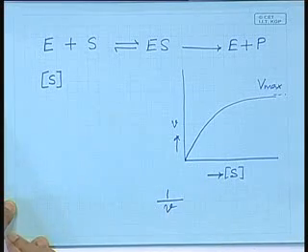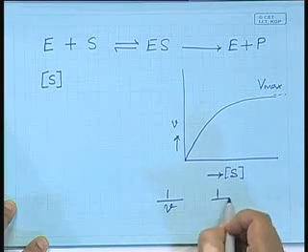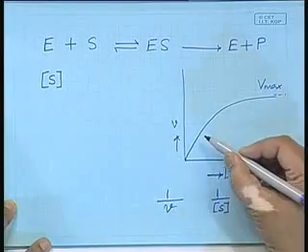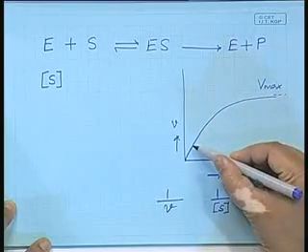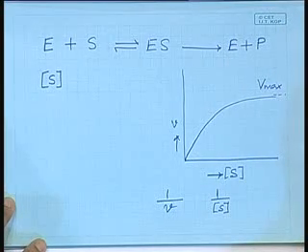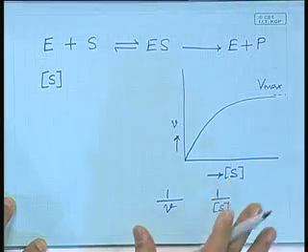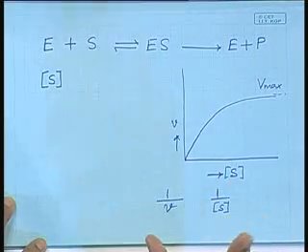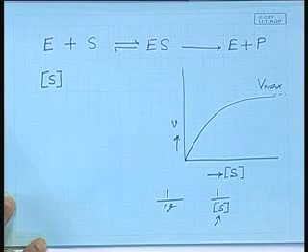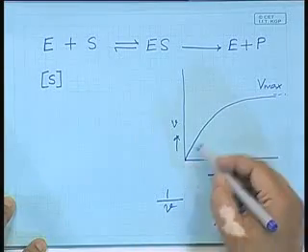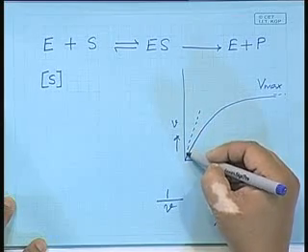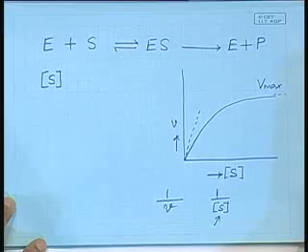Now, if I want to plot the Lineweaver-Burke plot, what do I need? I need 1 by V, I need 1 by S, right? Now, as I go beyond here, my reaction is no longer first order, it gradually becomes 0 order. So what I have to do is I have to conduct this particular experiment for a number of substrate concentrations. Okay. So this is for one substrate concentration where I will calculate what is called my initial velocity.